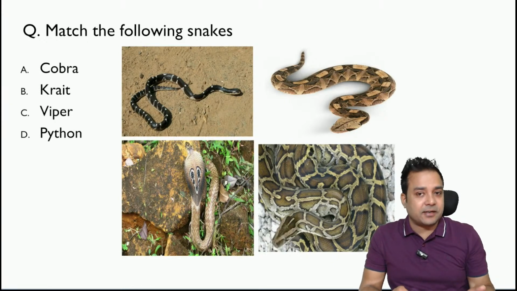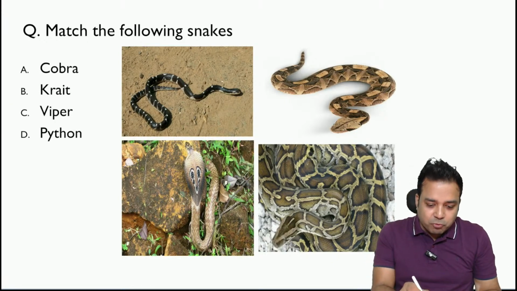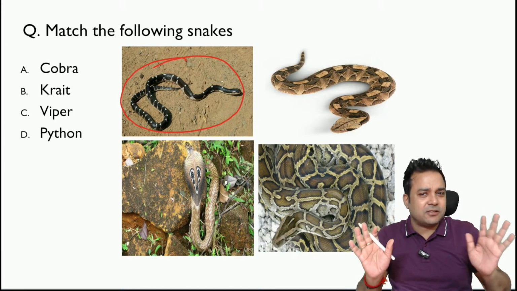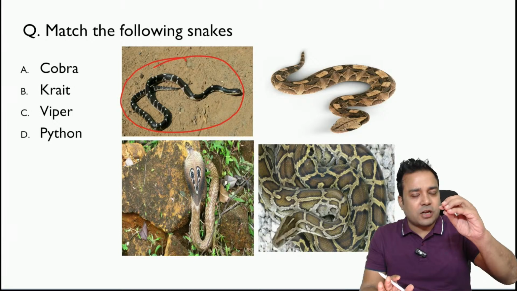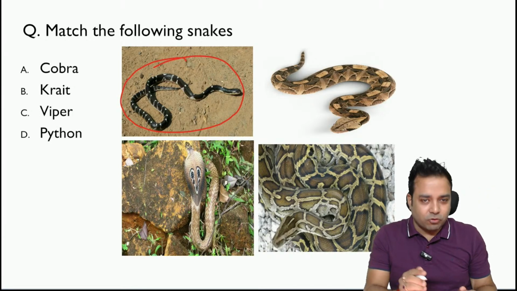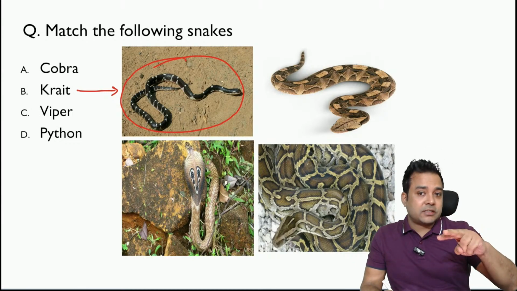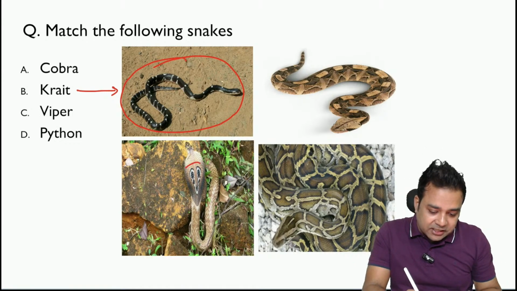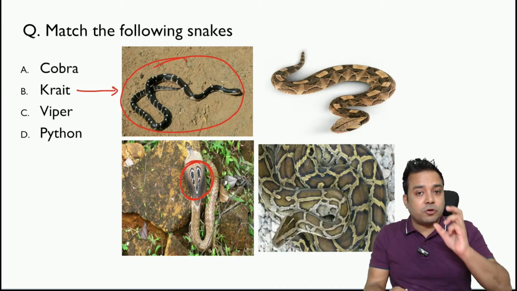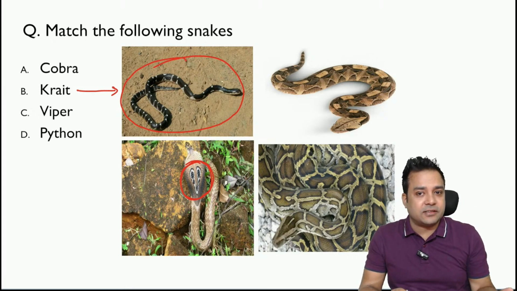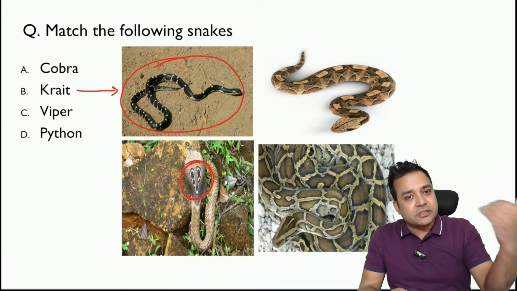This is a repeat question. The moment you see a black color snake and nothing else is visualized, nothing else you can appreciate, but you are seeing a total black steely color snake, go with krait. The moment you see a snake with a spectacle shaped mark, what should strike your mind? Common people wear spectacles, kings wear contact lenses. So the common cobra will have a spectacle shaped mark.